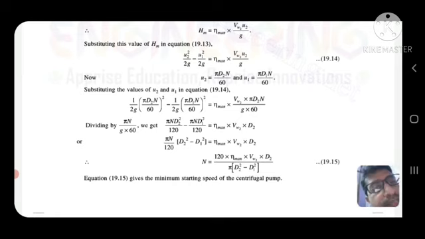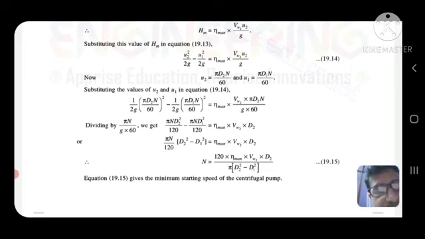Dividing by pi N by g 60, we get pi N D2 square by 120 minus pi N D1 square by 120 equals eta manometric into Vw2 into D2.